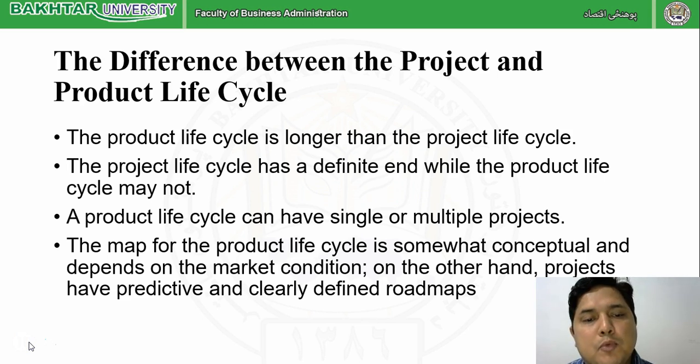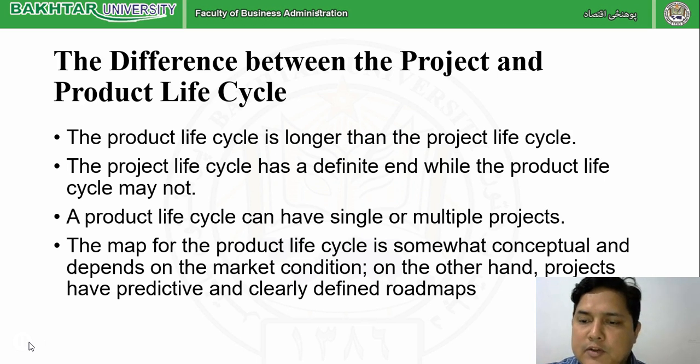Also, the product life cycle has single and multiple projects. It means that within a product, a life cycle is going on. Like in the introduction phase, we have one project, meaning we have started a project of starting a new product. When it has been completed and the product has started, then comes the introduction stage.